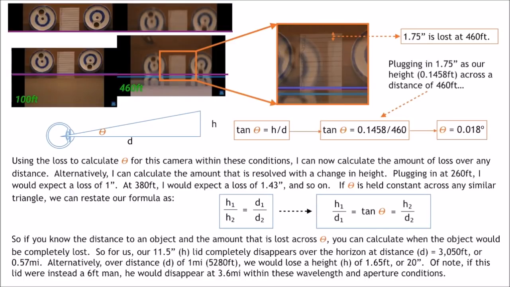Alternatively, over a distance d of 1 mile, 5,280 feet, we would lose a height of 1.65 feet or 20 inches. Of note, if this lid were instead a 6-foot man, he would disappear at 3.6 miles within these wavelength and aperture conditions.